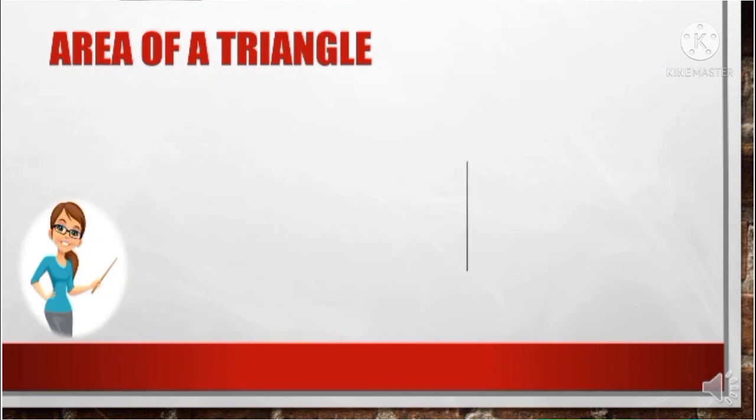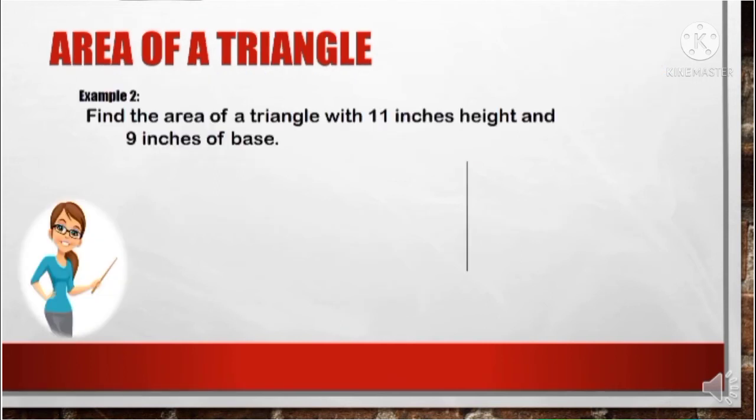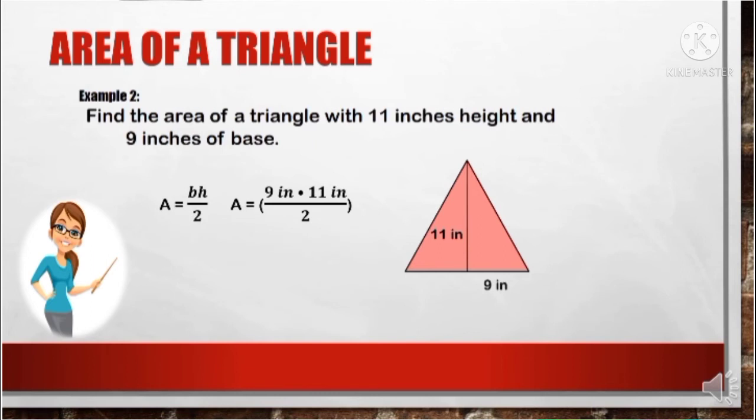Let's have another example. In example 2, find the area of a triangle with 11 inches height and 9 inches of base. And this is our figure. In solving this, we will use A equals B times H divided by 2, whereas A equals 9 inches times 11 inches divided by 2.